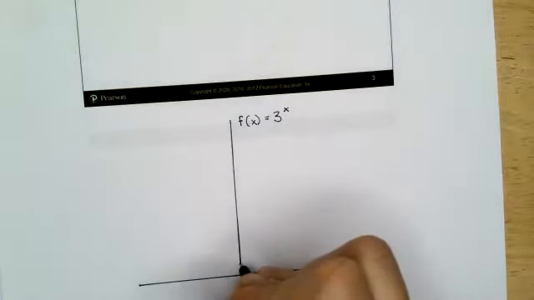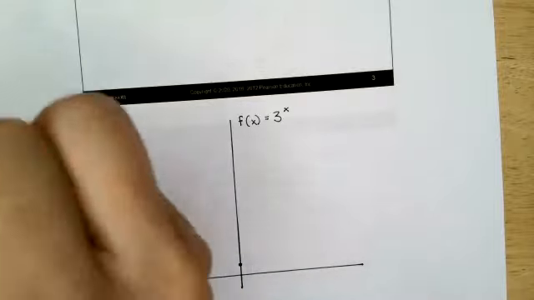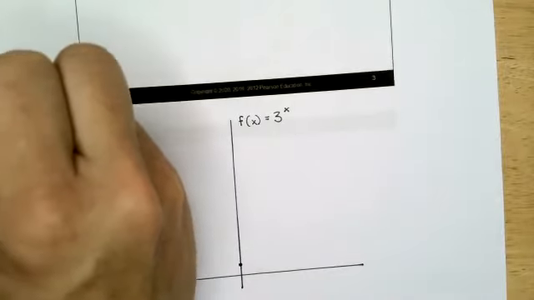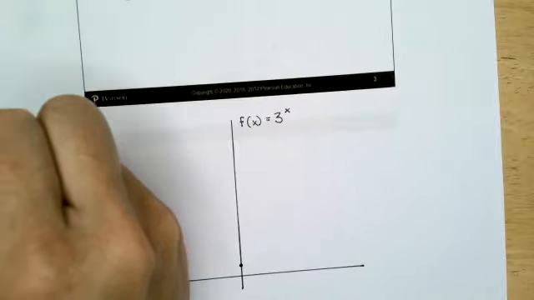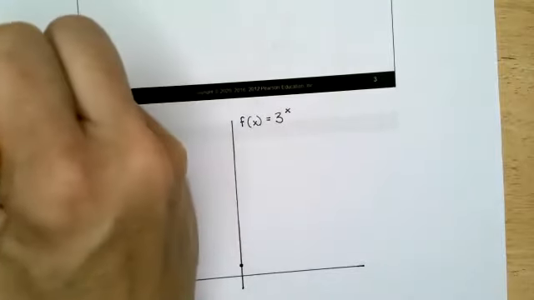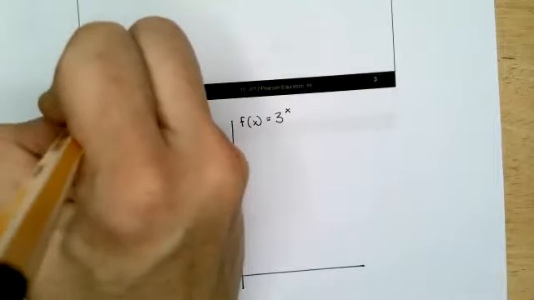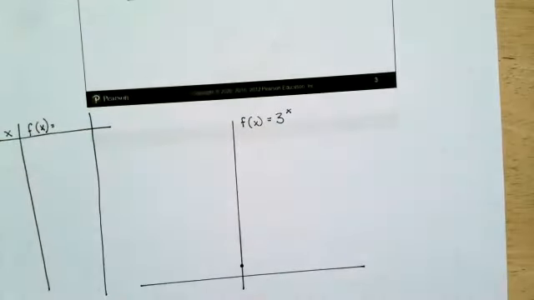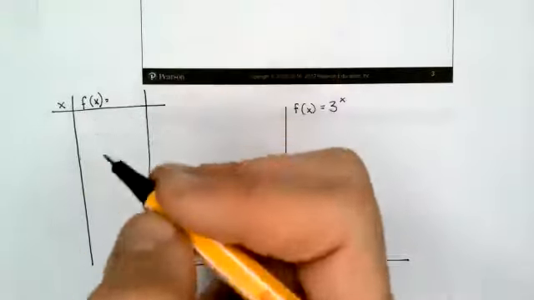It's going to go through the point (0, 1). If I don't know anything else about it, I can just make a table of values like we've done before. What is x? What does f of x become for that x value? And therefore, what is my ordered pair?